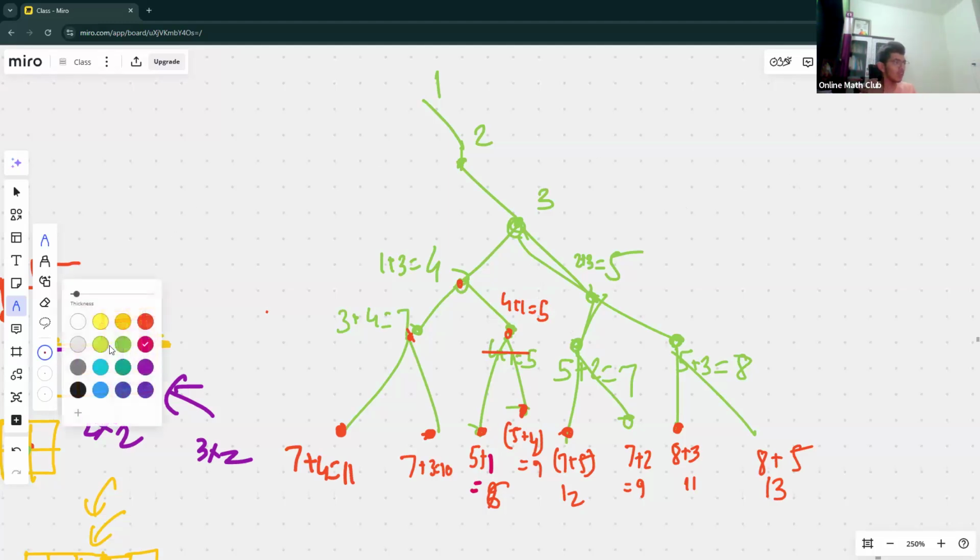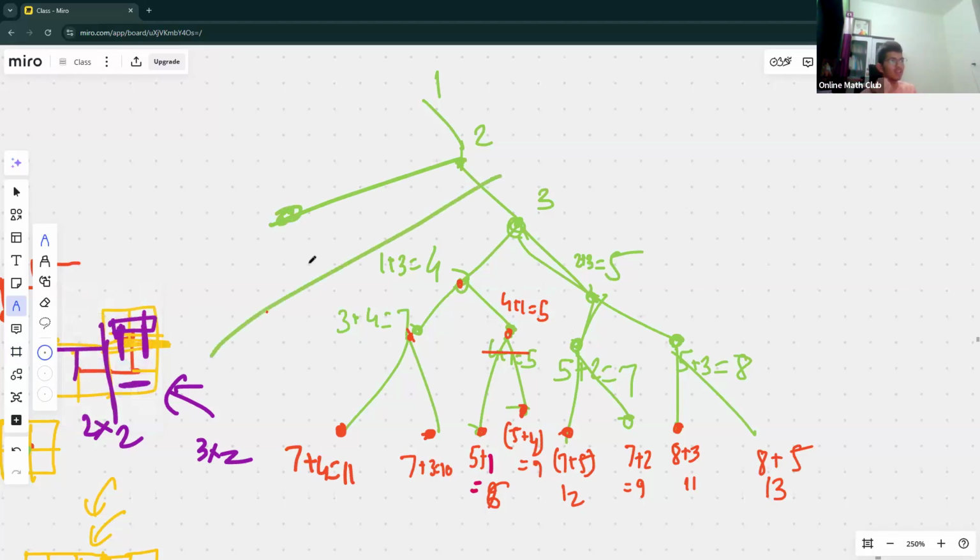Also, in case anyone is confused, we also have another node here. But if you consider this as a reflection, it's just like either you go up or down, right? Then the same thing we're doing here, we can do here also. So we just consider one of the parts. It's the same thing by reflection and the sum will follow the same.